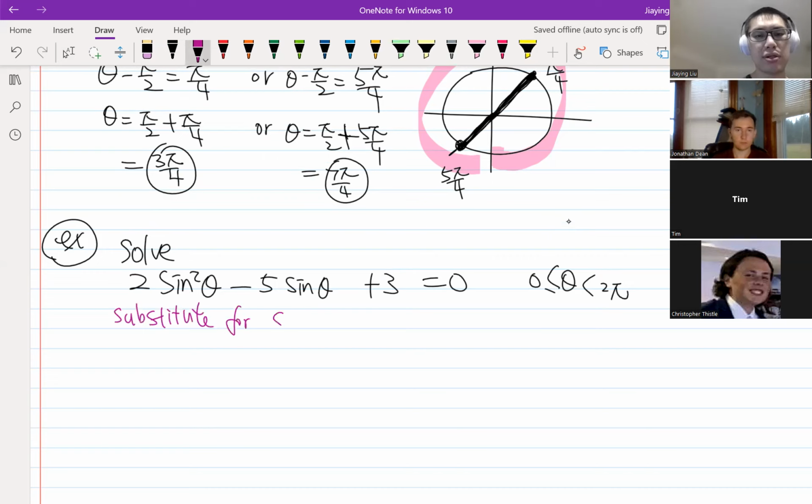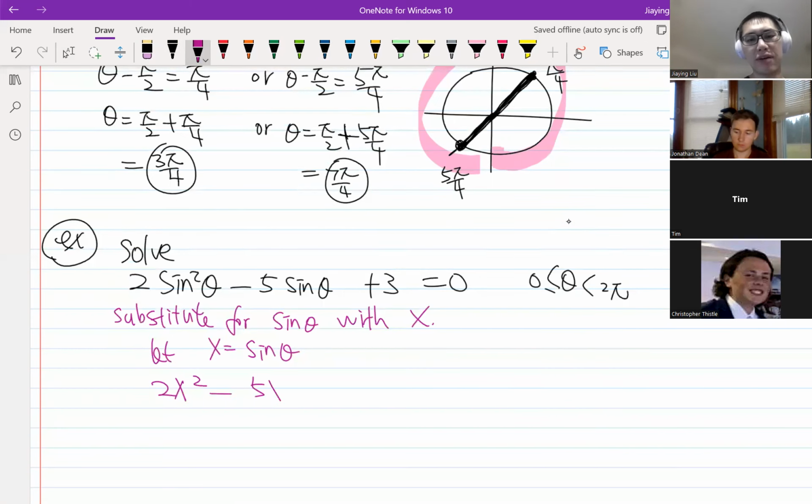So we're going to say let x equals sine theta. And then the 2 sine squared theta becomes 2x squared, minus 5 sine theta becomes minus 5x, plus 3 equals 0.